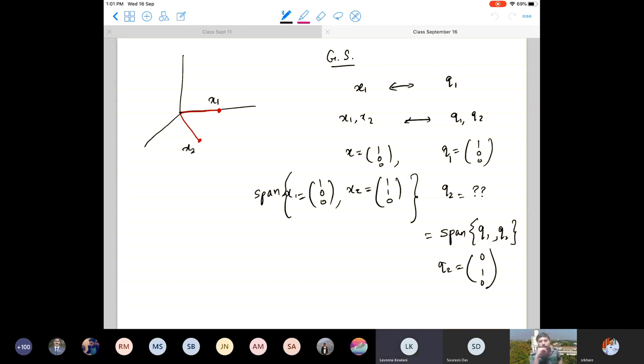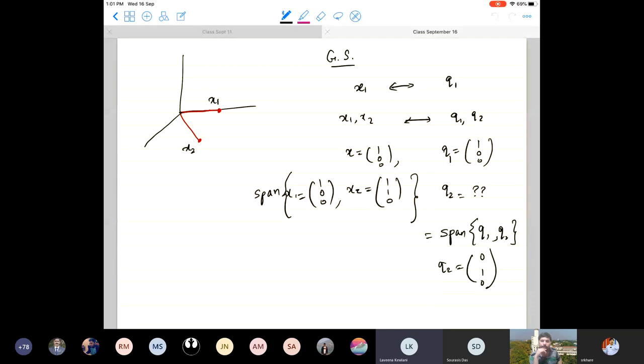It's geometrically quite visible that Q1 and Q2 are orthonormal vectors because they are perpendicular to each other. Q1 is on the x-axis and Q2 is on the y-axis. It is also easy to look at the span, that x1 and x2 are in the same span.